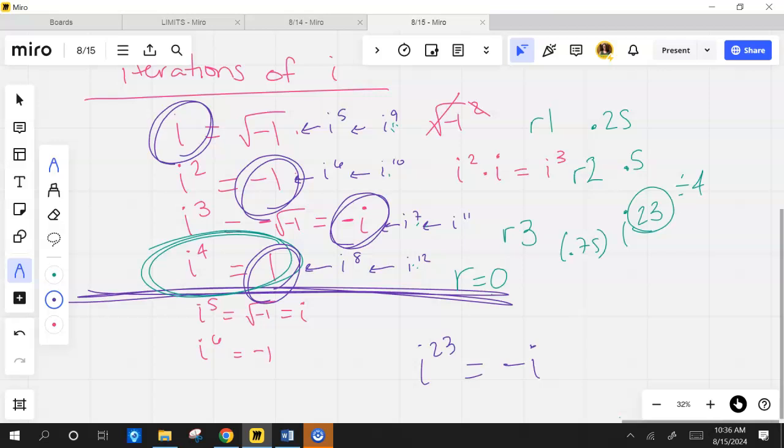Why for 3? I thought i equals the square root of negative 1.